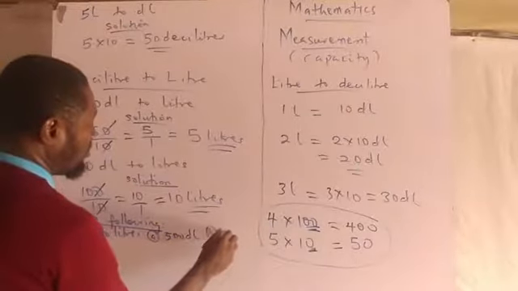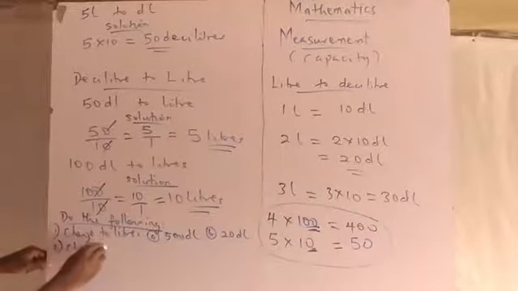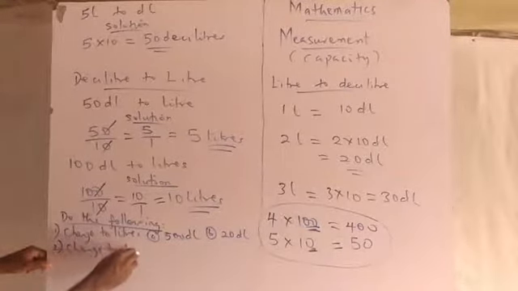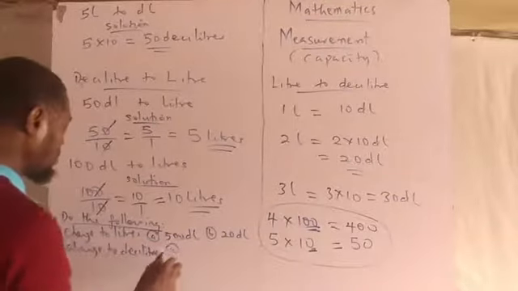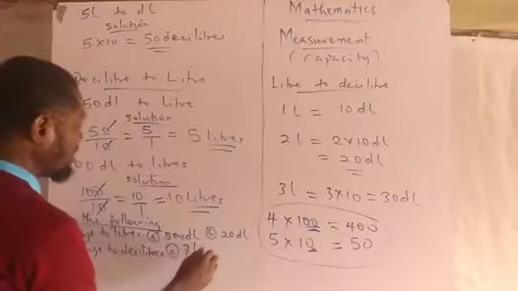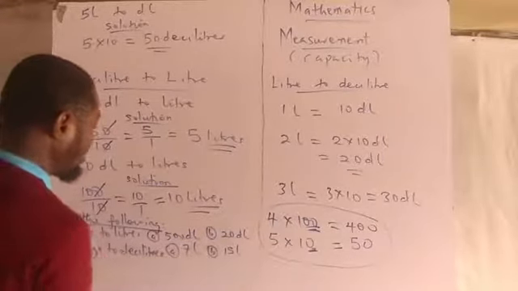B, 20 deciliter. Number 2, change to deciliter. A, 7 liters. B, 15 liters.